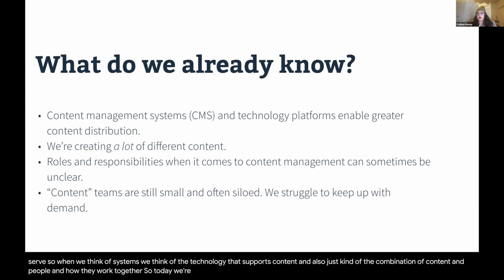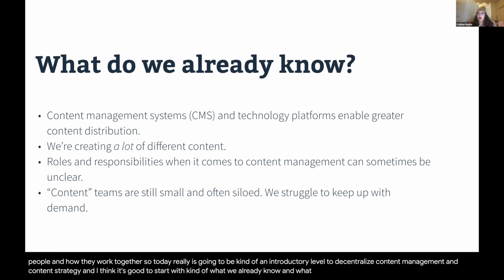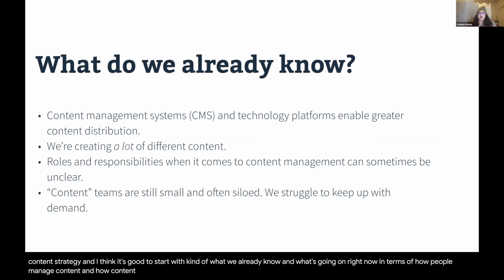Today is going to be an introductory level to decentralized content management and content strategy. I think it's good to start with what we already know and what's going on right now in terms of how people manage content and how content progresses throughout different kinds of organizations.